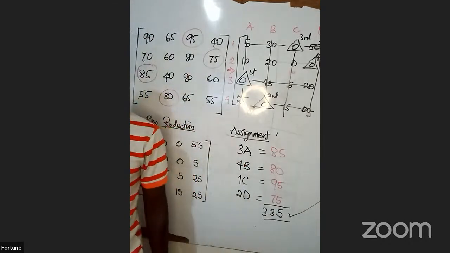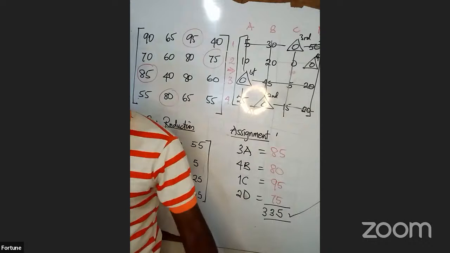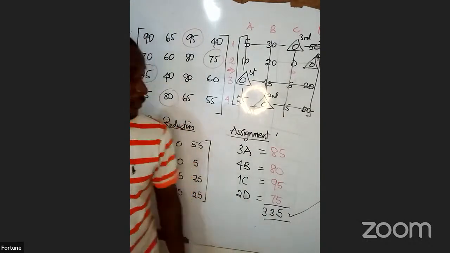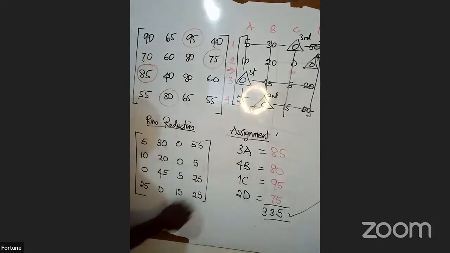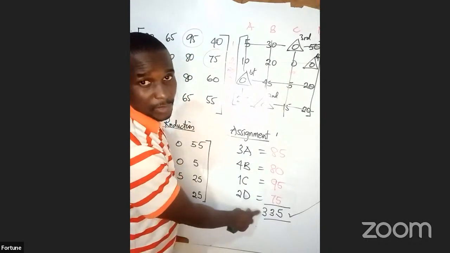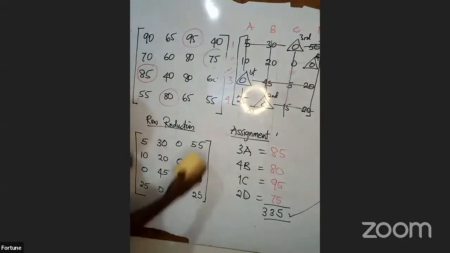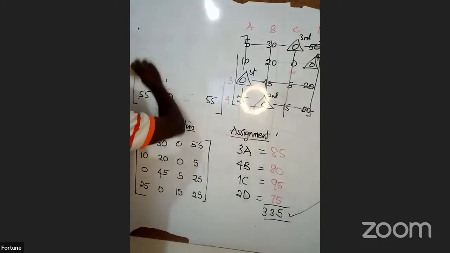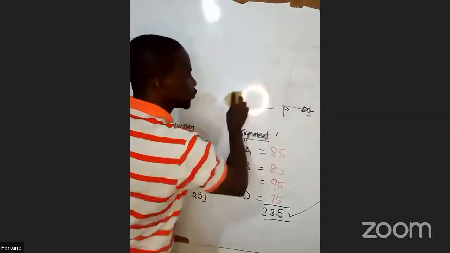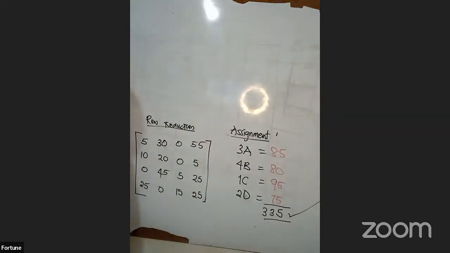If each rating is 200, how much will be the total selling rating? Each rating is 200, right? How many ratings do we have? 335. So if we have a total selling rating of 335, and each of them is 200, what is the total selling rating?